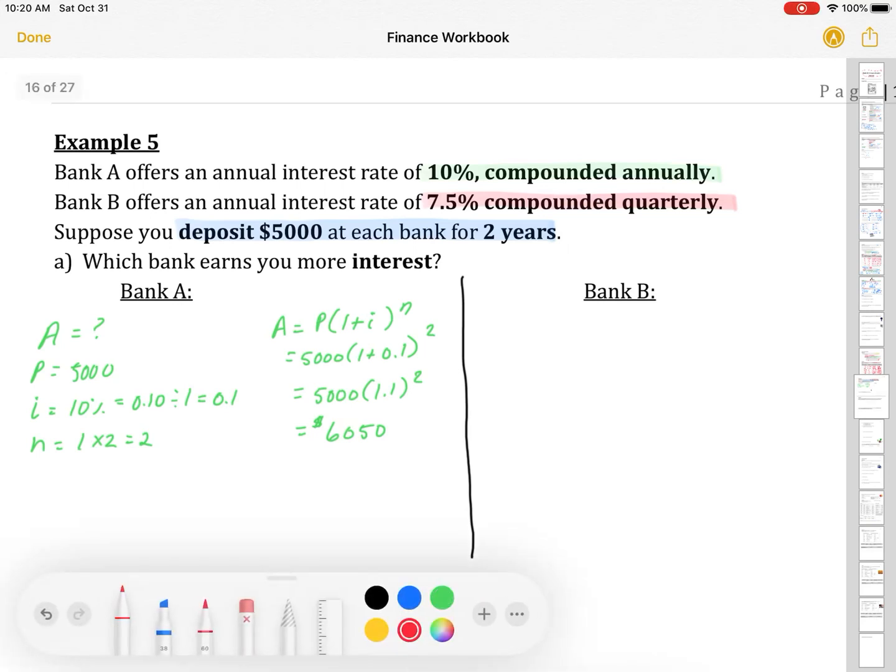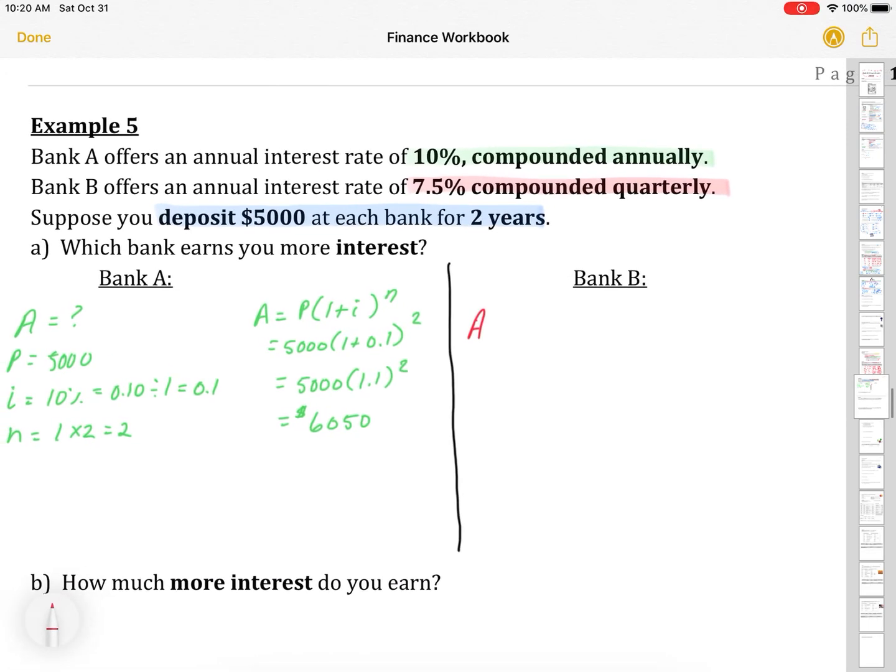Bank B, well, let's see. Our amount is what we're looking for. Principal is the same. The interest rate is 7.5%, compounded quarterly. So this would be 0.075. Quarterly means 4. So this would be 0.01875. And n equals, well, it's compounded quarterly, so 4 times a year times 2 years, which is 8.